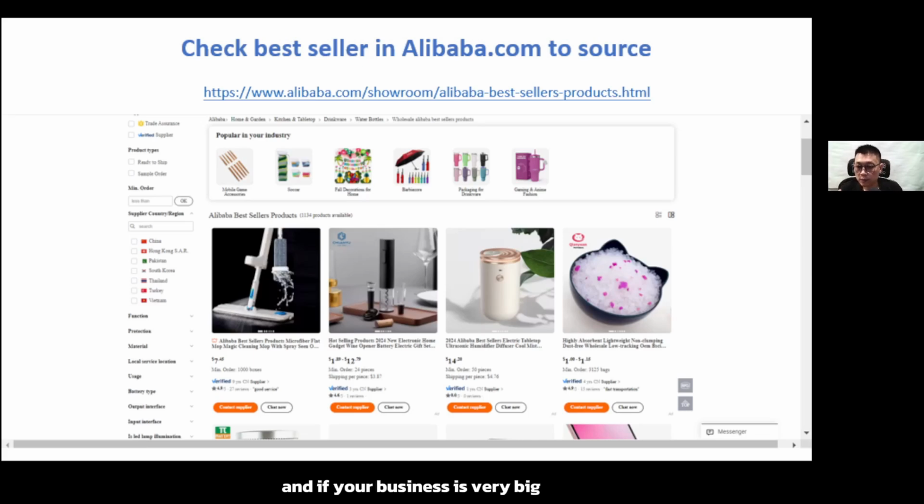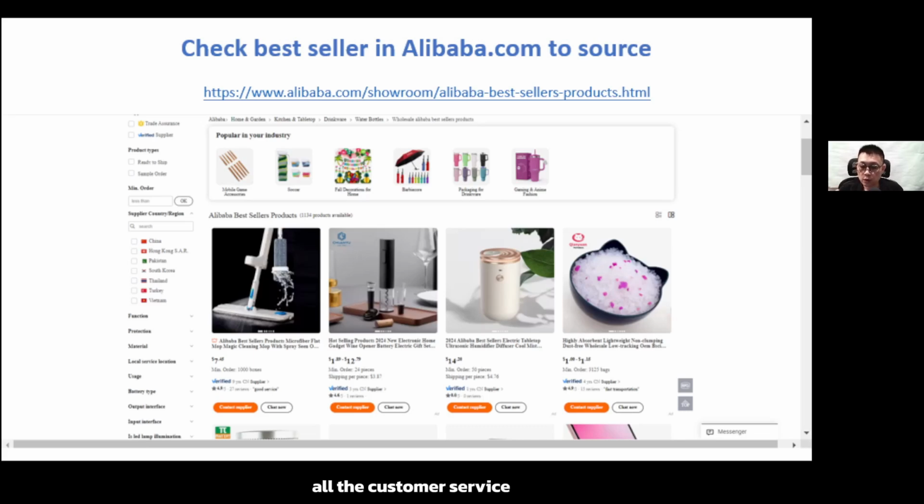And if your business is very big, it's a complicated job to reply to all the comments. So there are many software companies that cooperate with Amazon. They have an API, so they connect their service. You just log in to the service, list all the comments, and select the ones to analyze, which can help you reply to the customer.